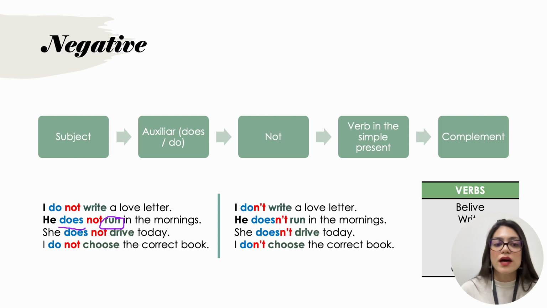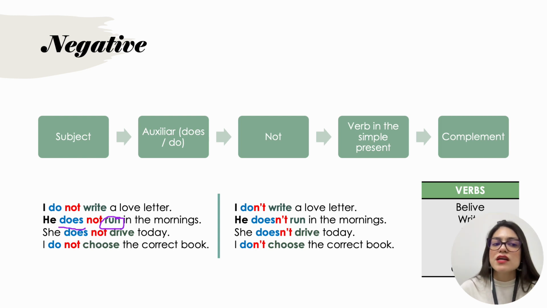Okay, so that's why in our negative sentence we are not going to add the S at the end of the verb when we use the third person of the singular because we are using the auxiliary does. Okay, and also we can contract the sentence to make it shorter. So I'm going to contract the auxiliary with the word not. Okay, so it will be doesn't or don't.